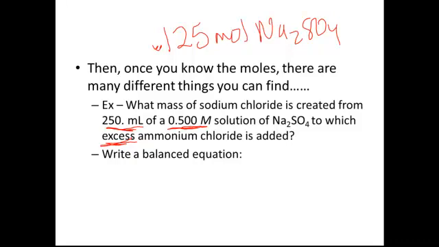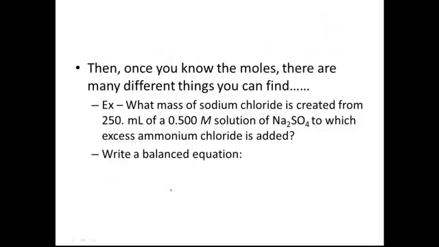Okay, so in this case, we need to have a balanced equation. And so in order to have a balanced equation, we have to look, okay, sodium chloride is not being created, excuse me, let me start that one over. So we've got sodium sulfate, Na2SO4, is added to excess ammonium chloride.